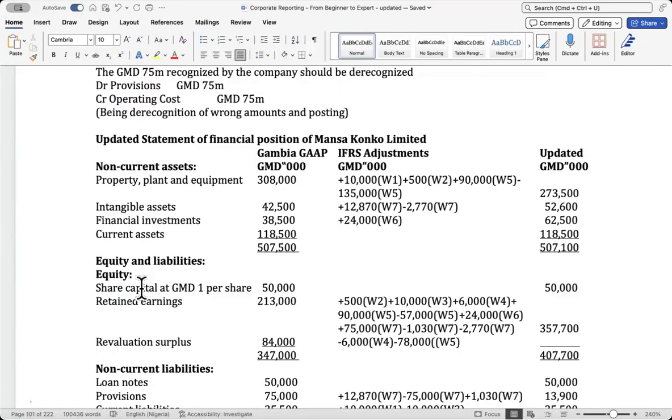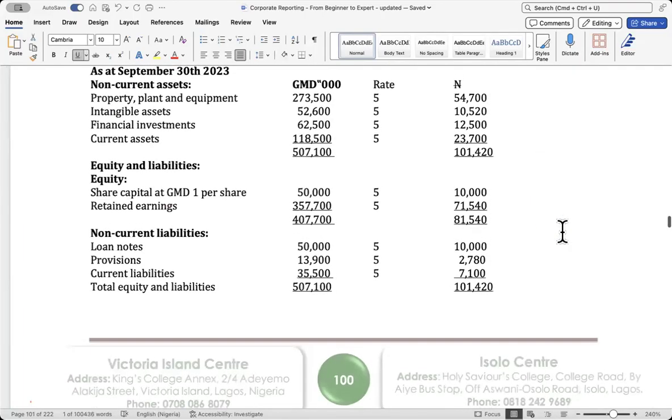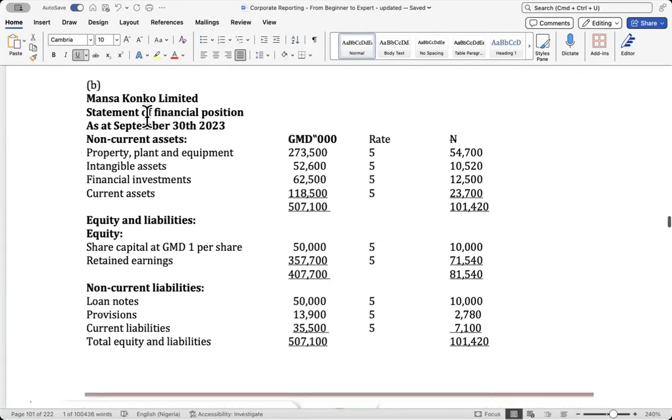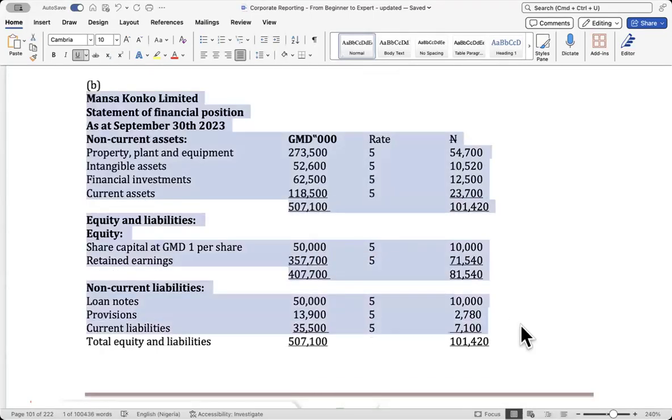But again, your exam does not mark figures. They mark methodology. So even if your figures here are wrong, if you understand the fact that they want you to translate and you do this, you will get most of the marks, if not all.